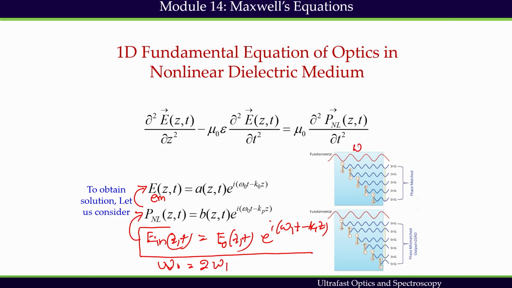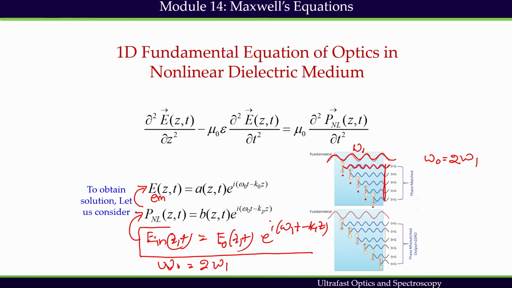This fundamental frequency omega 1 is propagating through the medium, taking the example of a plane wave. At each point of the medium, we are creating nonlinear polarization, which is an oscillatory dipole, and each dipole will produce some field, the emitted field, at omega naught frequency, which is nothing but 2 omega 1 if I consider second harmonic generation. These fields are in phase.